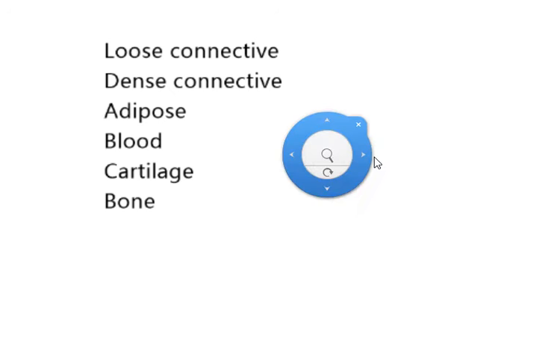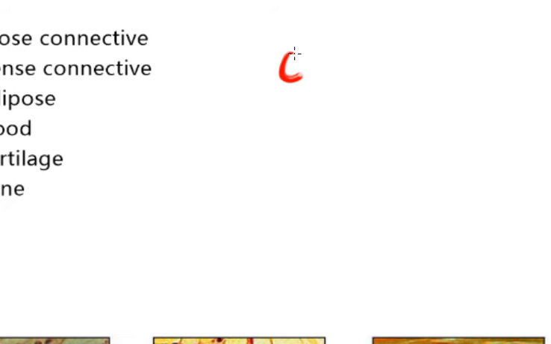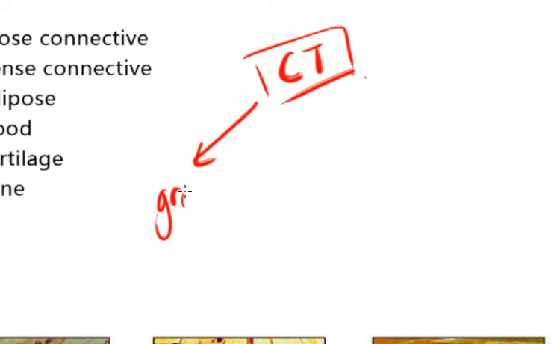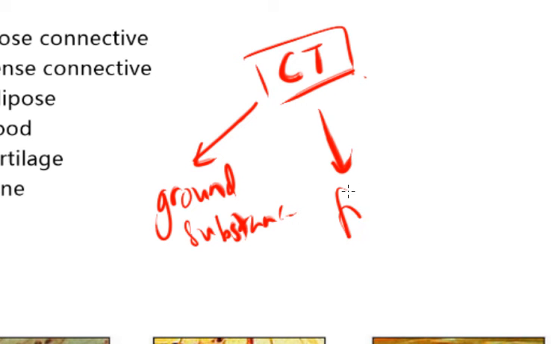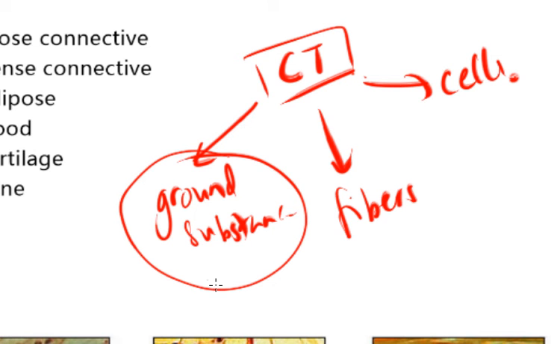Usually in a connective tissue, I'll use CT as an abbreviation, the connective tissue has the ground substance and fibers and cells.